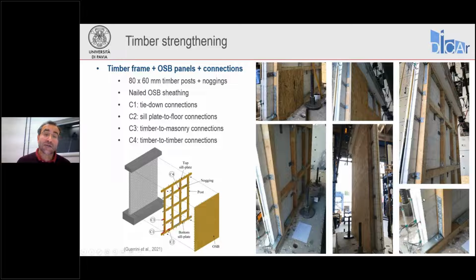These are the tie-down connections, labeled also C1, and these basically provide continuity between the vertical timber posts and the floors of the structure, allowing to develop a flexural contribution from the strengthening system. Without this type of connection, we wouldn't be able to take advantage of the retrofit in terms of flexural strength, because we wouldn't have continuity at the top and at the base of the pier.